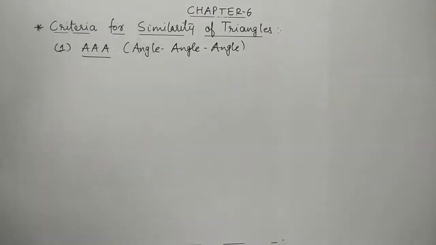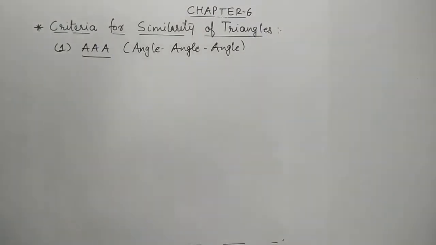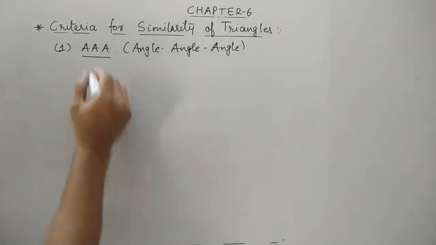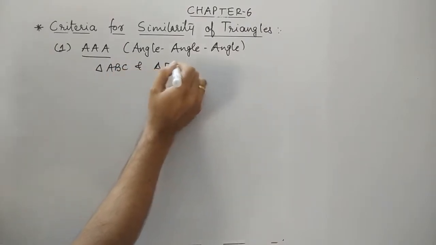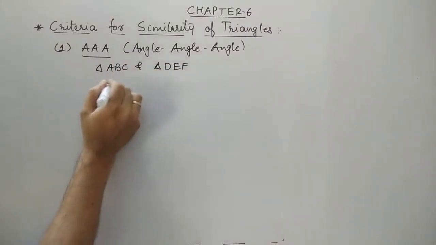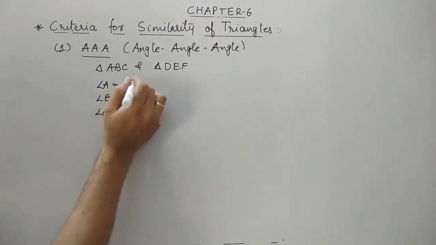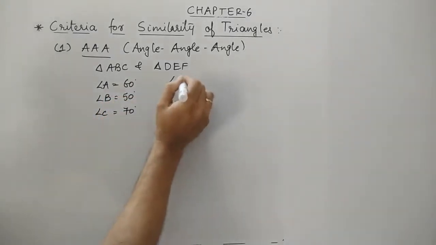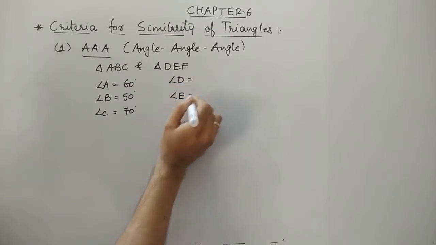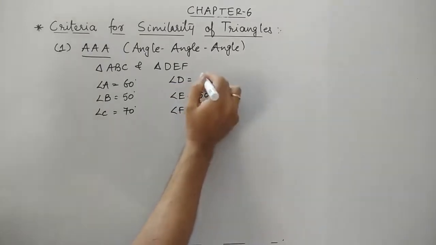That means if in a triangle all the 3 angles correspond with the 3 angles of another triangle. So for triangle ABC and triangle DEF, suppose angles A, B and C measure 60, 50 and 70 respectively, and angle D, angle E and angle F are 50, 60 and 70 respectively.